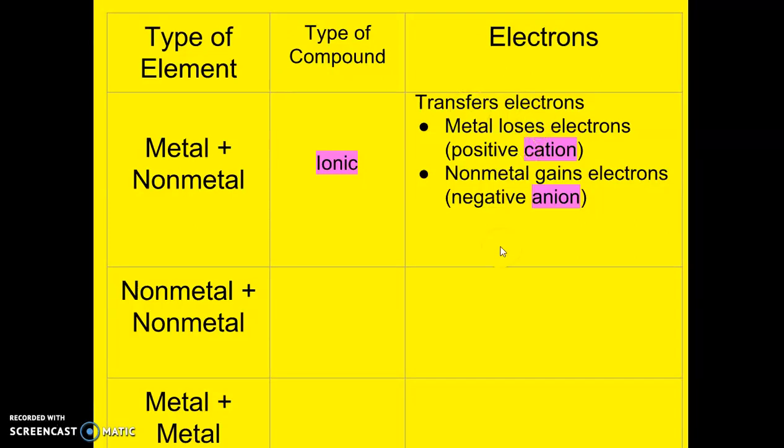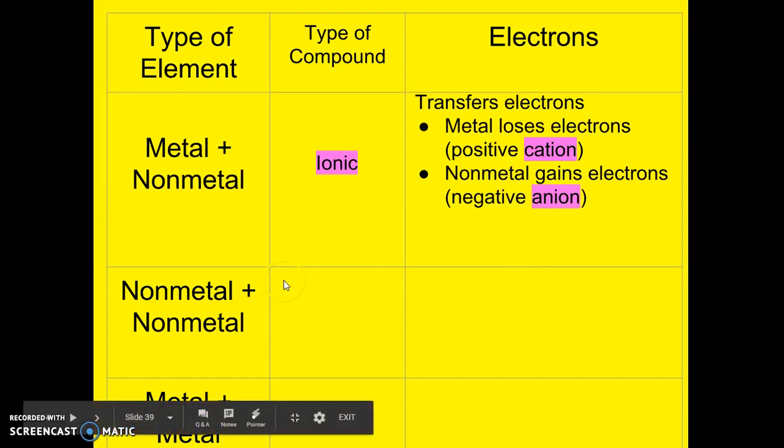So I'm going to transfer electrons from the metal to the nonmetal. The metal loses the electrons and forms a positive ion called a cation, and the nonmetal gains the electrons. So it's almost like the metal's like, hey, I've got these extra ones, I need to get rid of them, and the nonmetal's desperate to gain them, so they bond together when it takes them. And the nonmetal forms a negative anion.